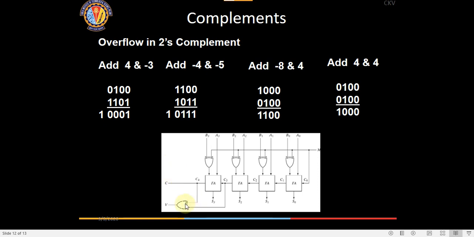So carry alone doesn't indicate it is an overflow condition. It can be neglected. The overflow is a function of XOR of the carry from this stage and the carry from the previous stage. So carry alone will not indicate that it is an overflow condition.